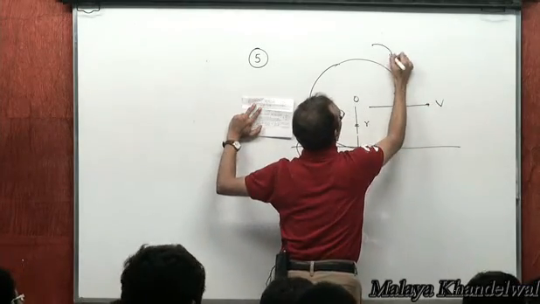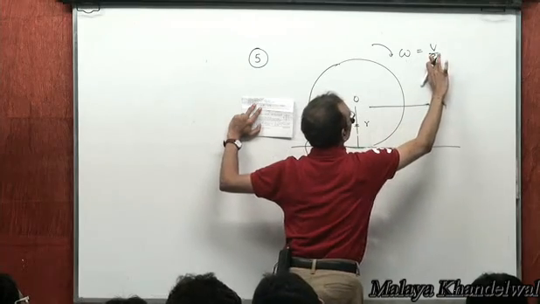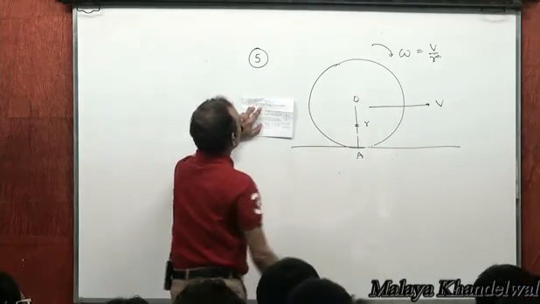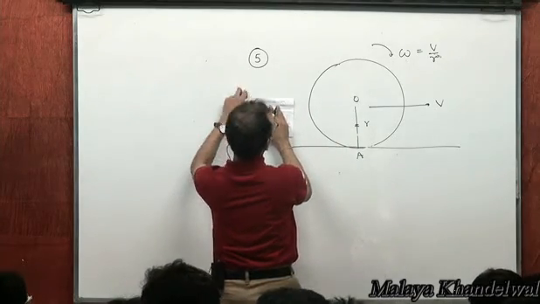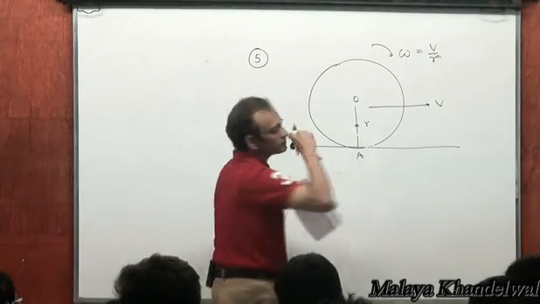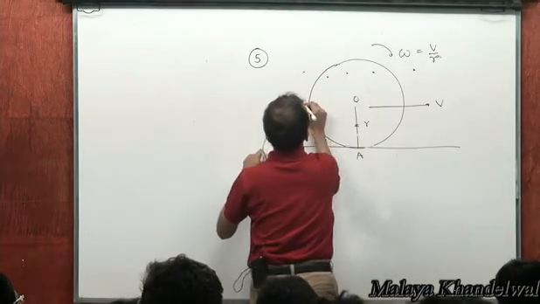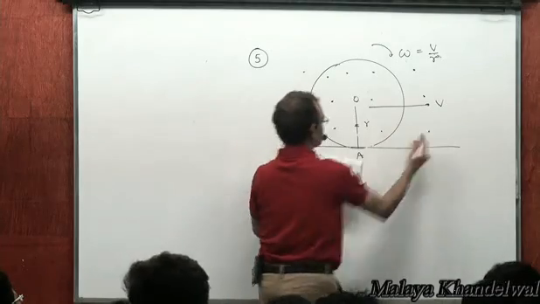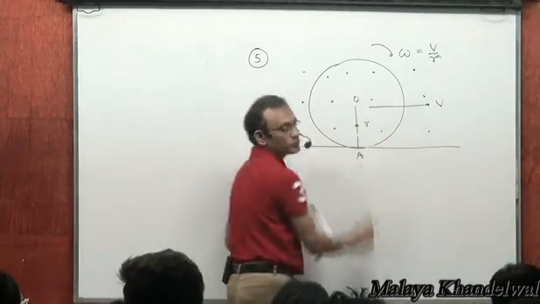That means v and omega, which is going to be v by r for the sake of pure rolling, in a uniform magnetic field. It's dots now, so B is coming out. We want to find VO minus VA.